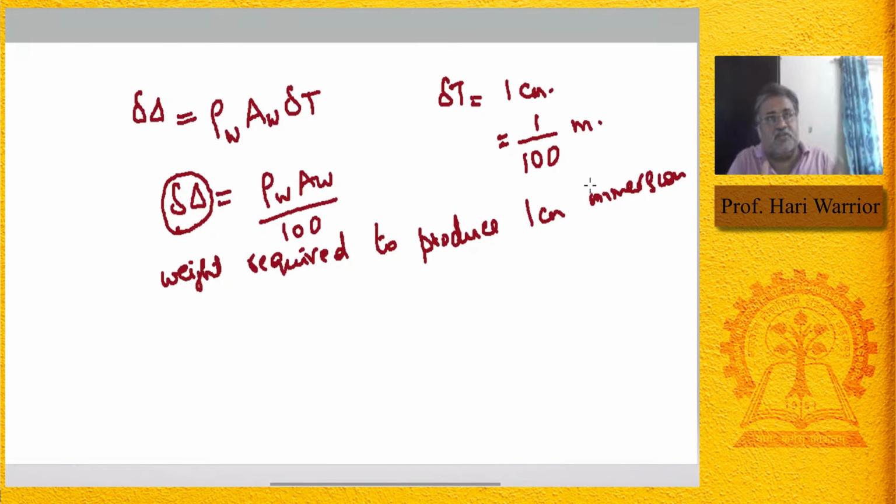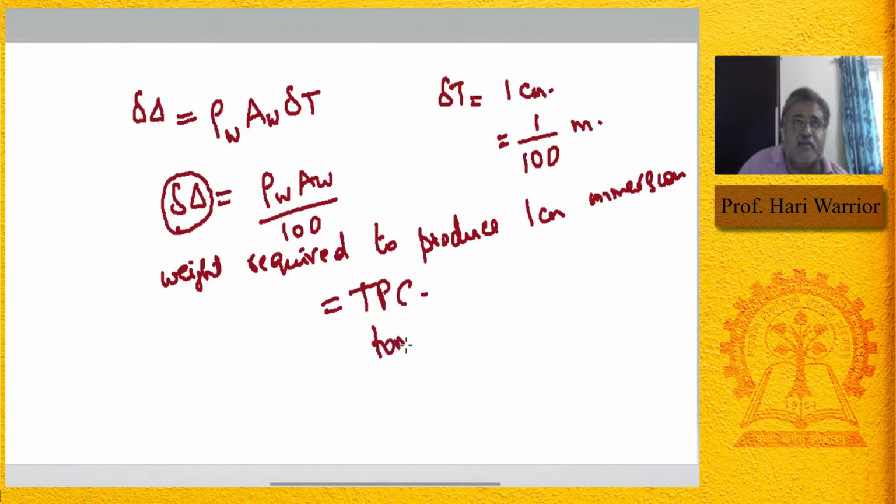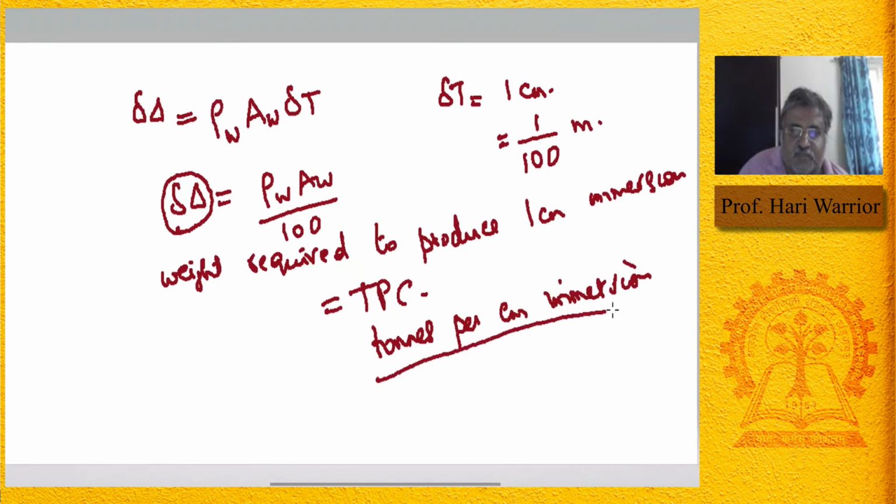For that particular configuration of the ship, the weight required to produce 1 centimeter immersion is basically delta W. Now that the weight required to produce 1 centimeter immersion, we usually use a word called TPC, tons per centimeter immersion. Tons per centimeter immersion, which is TPC.